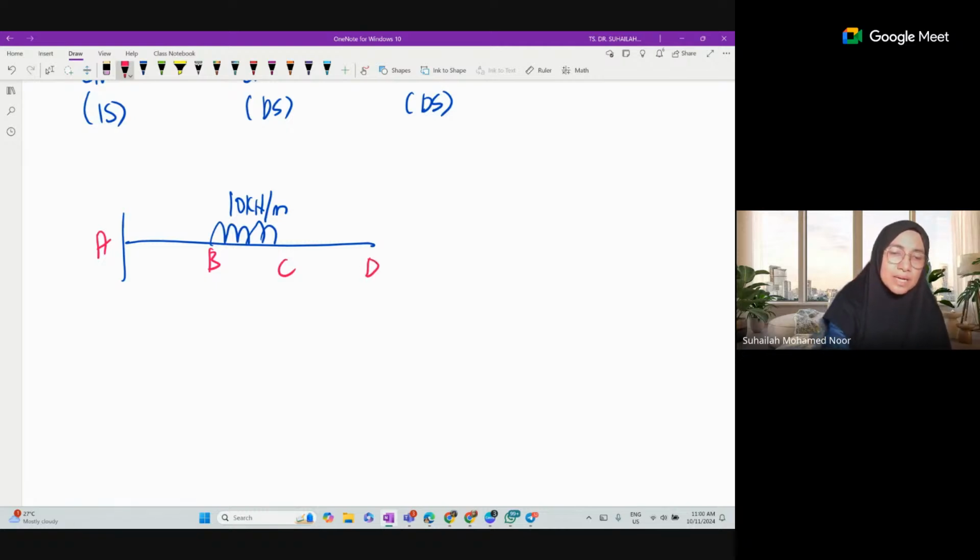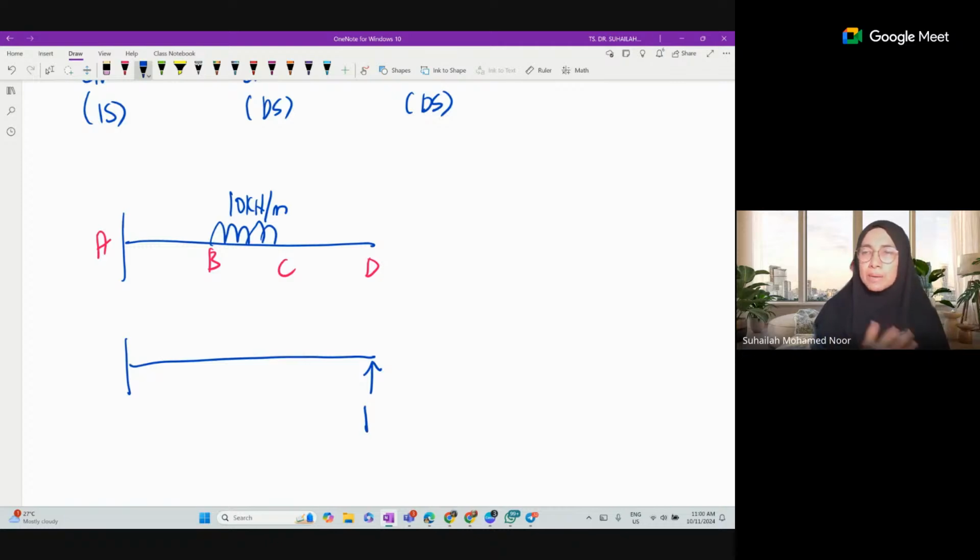Okay, and we have another one, subjected to a unit value of dy here. Okay, so we have A, B, C, D, because we have to remain 3 cutting section.